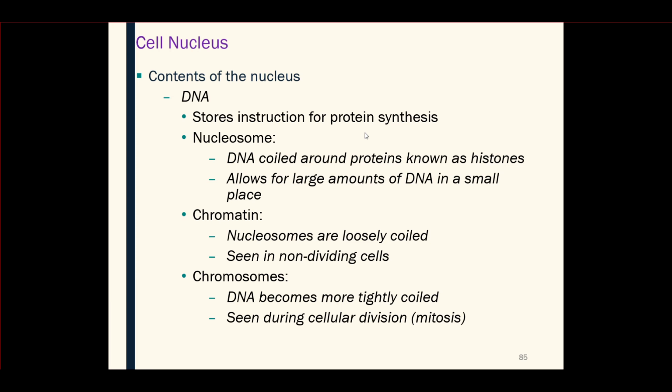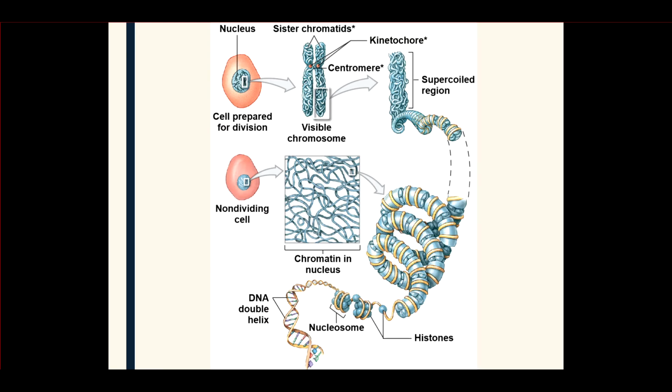Now, our DNA, we saw in previous lessons, was made up of building blocks known as nucleotides, and we had seen that there could be millions and millions of nucleotides. So our DNA is rather large structures. We need to keep them organized. So I'm going to go to a picture for a moment.